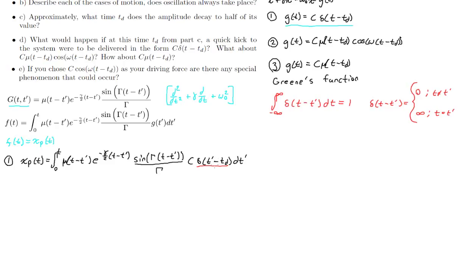How are we going to do that? Remember what I just said: it's 0 if t is not equal to t prime. So in order for the particular solution for x not to be 0, we have to have that t prime is equal to t sub d. So all these t primes become equal to t sub d.